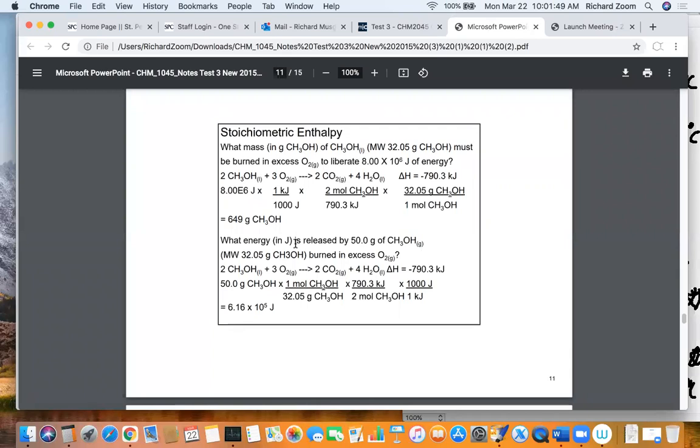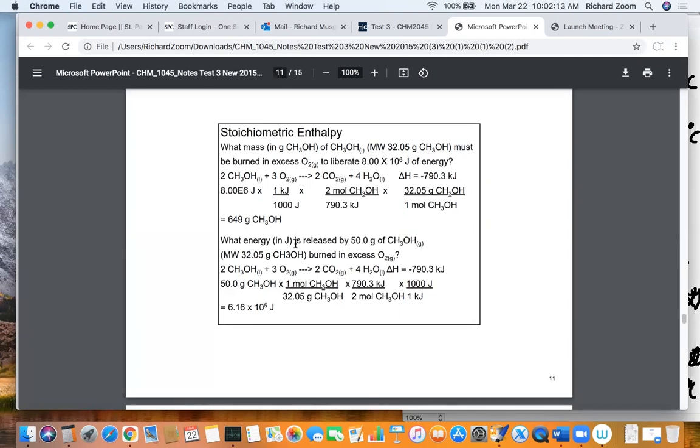A related concept here is stoichiometric enthalpy. So we're given a reaction here that has a certain enthalpy. This is something I dealt with last week in the videos. So we've got a delta H value here along with a chemical reaction.